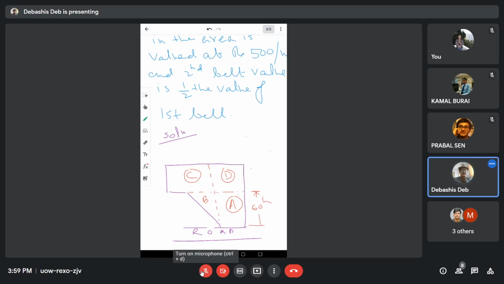So definitely we'll be considering A and B both in the first belt and C and D in the second belt, because we'll be adopting the rate of 500 per square meter rupees from that land which is having a depth of 60 meter.